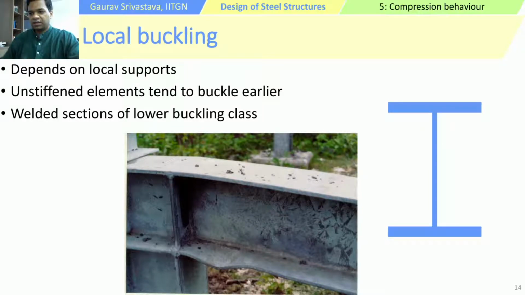But in certain situations, what is also possible is local buckling, which involves the outstanding members. If you look at this photograph, the outstanding member, in this case the lower flange, goes out of plane. If we are looking at the cross section, instead of being straight, it bends like that, out of plane. So this is a local buckling phenomenon.